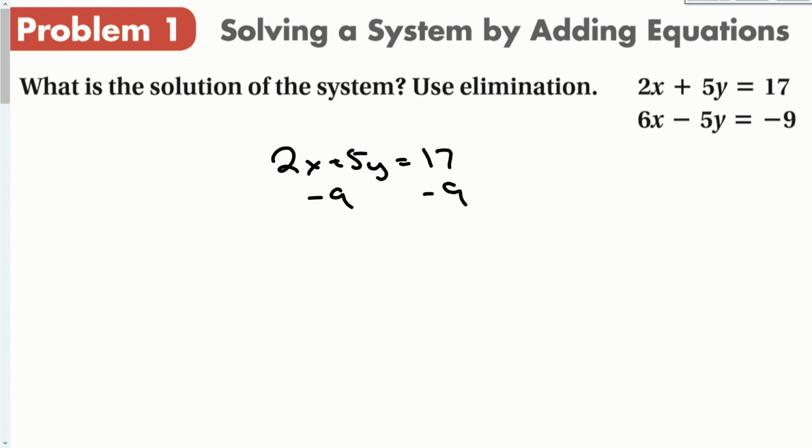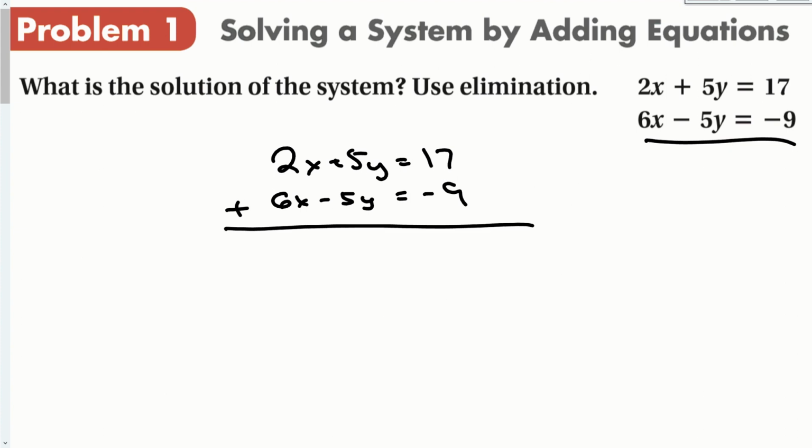But subtracting 9 from this left side here doesn't really help me. So instead of subtracting 9, why don't I add 6x minus 5y? Because isn't that, according to this equation right here, the same thing as -9? It is.